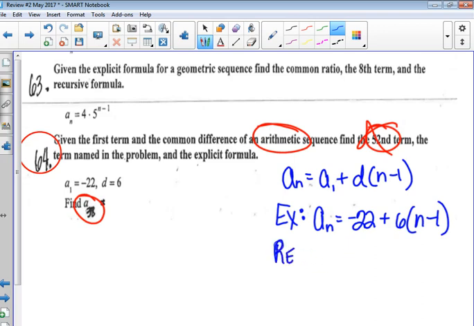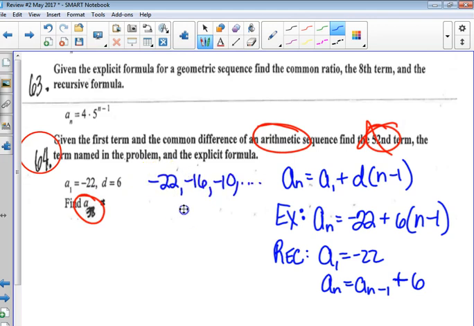Recursive, somebody? Take the previous term and do what? If it would help you to write out what's happening, it says d is 6.